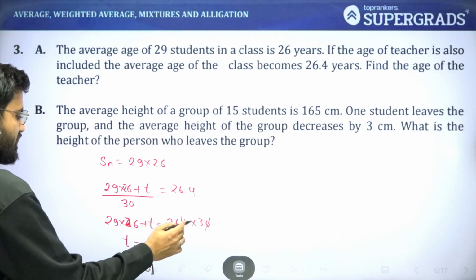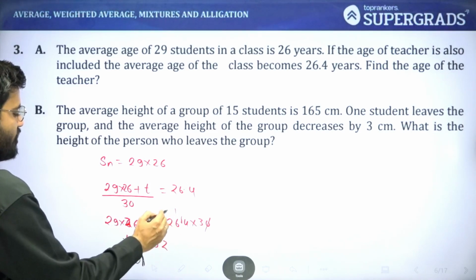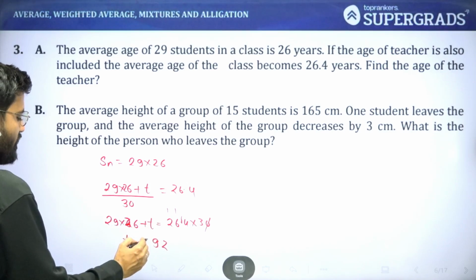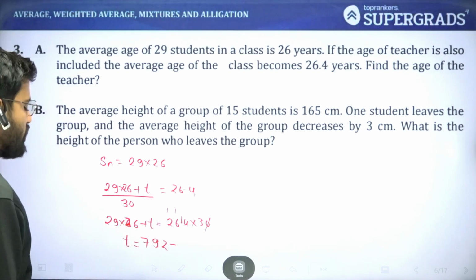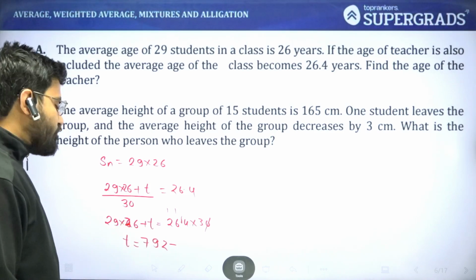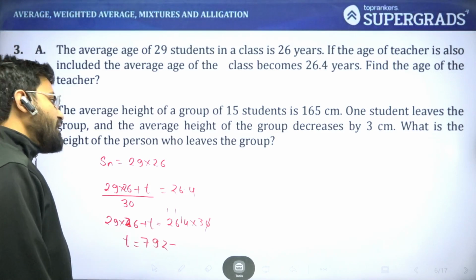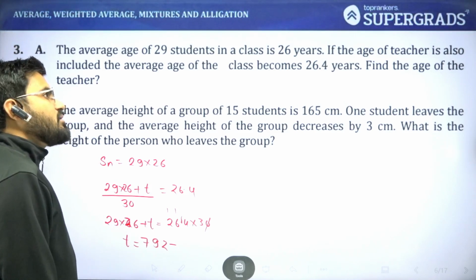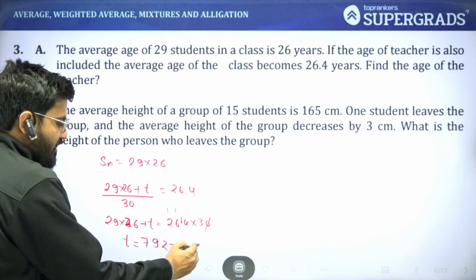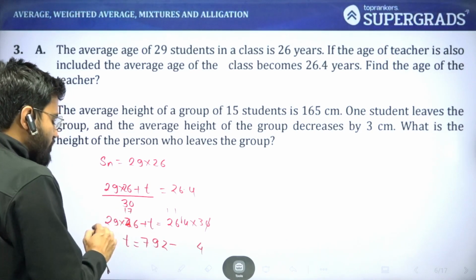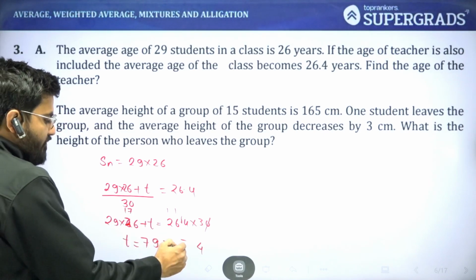From here you get the age of the teacher. 4 into 3 is 12, 1 carry. 6 into 3, 18 plus 1, 19, 1 carry. 2 into 3 is 6, plus 1, 7. Minus 29 into 26. So 29 into 6 will be 174. 17 carry. 29 into 2 is 58. 58 plus 17 is 75.